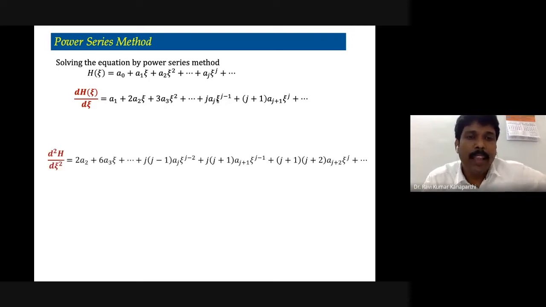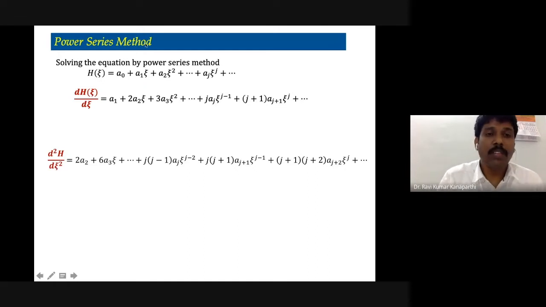Now, having calculated the first derivative of the infinite power series, the next thing is to calculate the second derivative. We already have the first derivative, and the second derivative can be evaluated. Here it is evaluated, and some of the common terms are also written here.